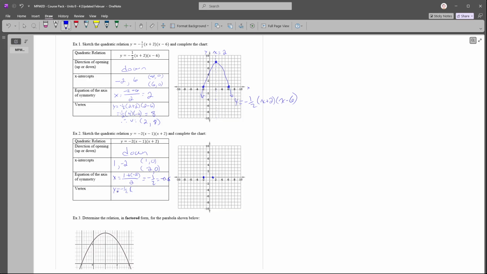Our x component is negative 1/2, minus 1, multiplied by negative 1/2. Can't read that at all. Need more space. There we go. Multiplied by negative 1/2, and then we're going to add on 2.